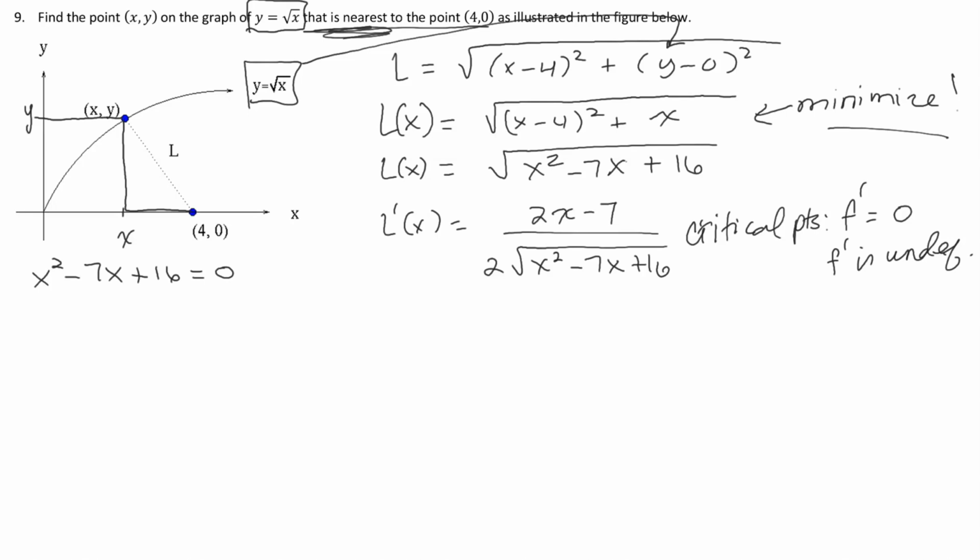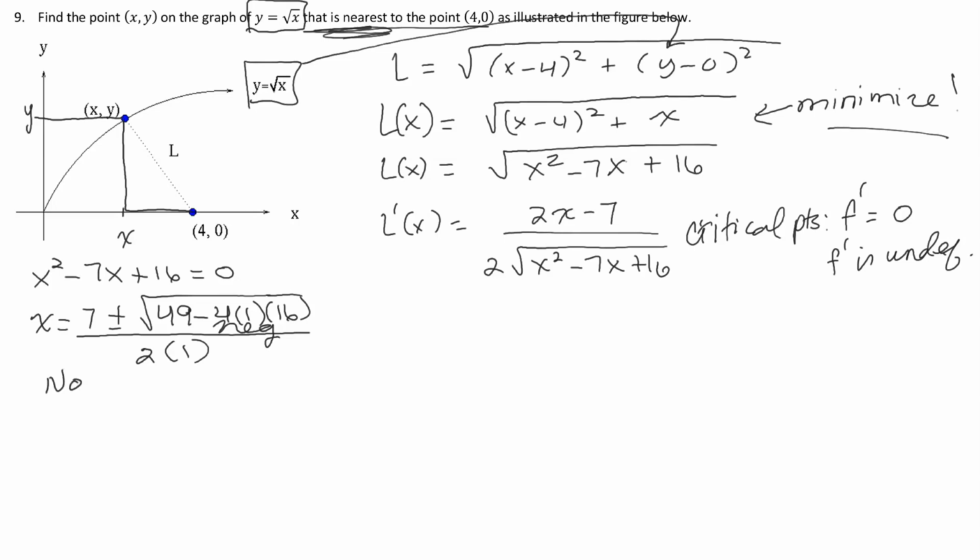Can we factor that? No, we cannot. So x equals 7 plus or minus the square root of 49 minus 4 times 1 times 16, all divided by 2 times 1. 4 times 16 is 64, so you'll have a negative number right there. This is imaginary, so that's not going to give you a critical point.